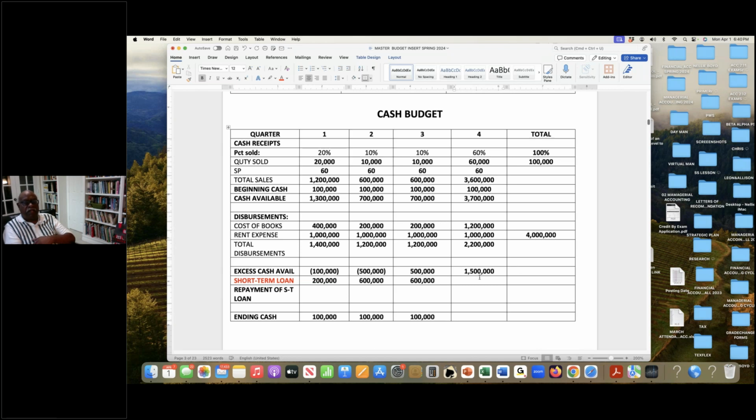You never get to this point if you don't have these loans. So let me put my parentheses over here. So how much had we borrowed? 1.6 million. 600,000, 600,000, and 200,000.